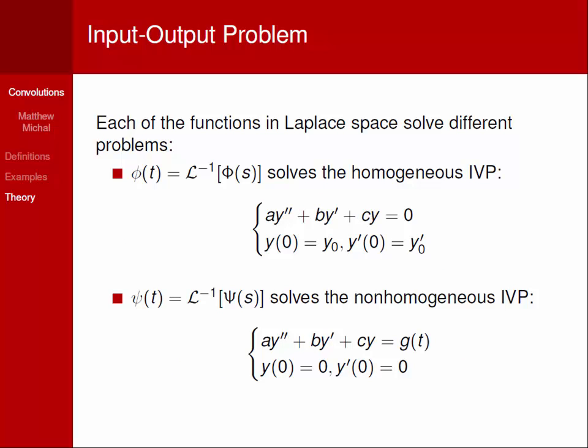And so because of that, we end up usually breaking our problems up into two separate problems. That first fraction, if you remember, depended only on my differential equation and my initial conditions. The second one solely depended on the forcing term and didn't care about my initial conditions.